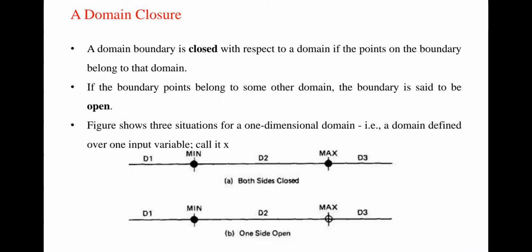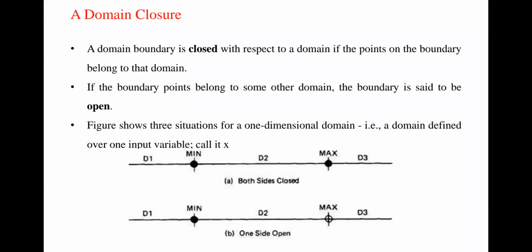What is meant by open? Open means you are not producing correct boundaries for that particular domain. It goes open if the boundary points belong to some other domain. For example, if the maximum boundary point relates to domain D3, then it will be open. If the minimum and maximum points are both related to the D2 boundary only, then it will be in a closed state.